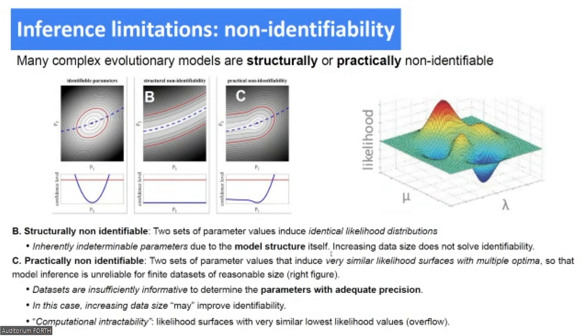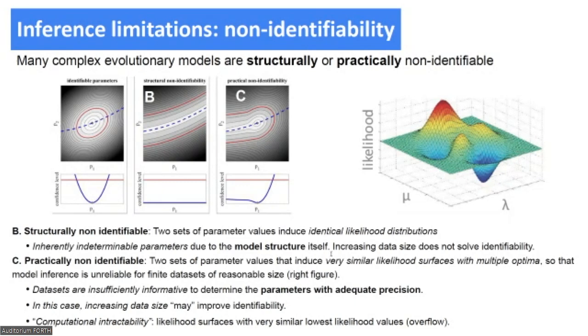Some of the models explained before have some identifiability issues. That is, they have parameters which are non-identifiable. There are two types of non-identifiability. The structural non-identifiability is when, given a set of parameter values, they induce the same likelihood distribution, identical. And the practical non-identifiability is when, given a set of parameter values, they induce likelihood surfaces which are difficult to differentiate.